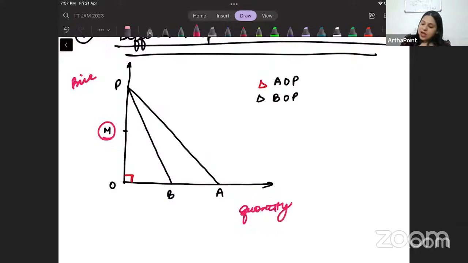अब क्या कर रहे हैं हम, यहां से एक लाइन ड्रॉ कर रहे हैं. तो मैंने प्राइस M से एक लाइन ड्रॉ की है दो अलग डिमांड कर्व्स पे.